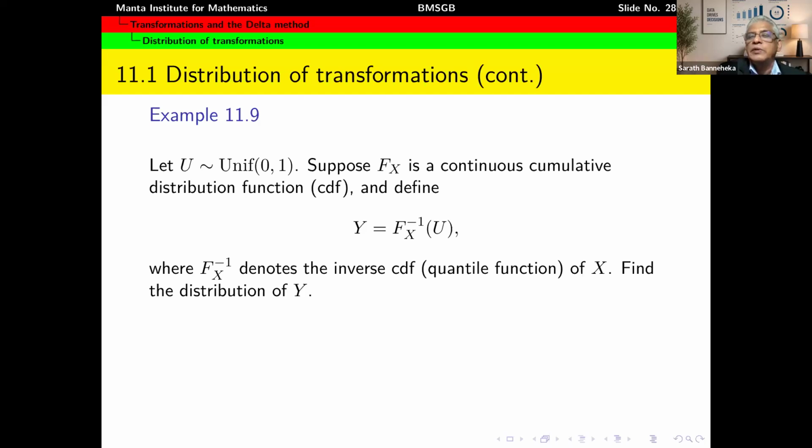But your package may not contain a function to generate data from a particular distribution that you want. For example, if I want to generate data from a Pareto distribution, there's no well-known function written to generate data from a Pareto distribution as far as I know. But using this theorem, we can generate the data from a Pareto distribution because we know its CDF. So that is the importance of this result.